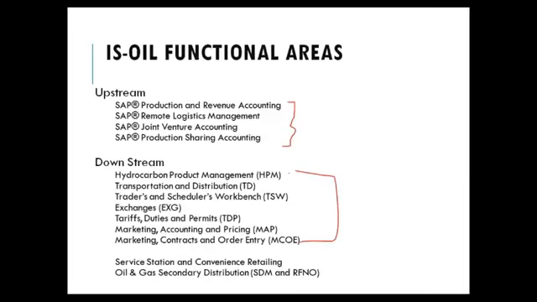So you need to convert the material. Whenever there is a product movement, the volume differs. That's why hydrocarbon product management is very important for the conversions. From upstream to downstream, across the whole supply chain, this will be used, whether it's crude material or a refined product.